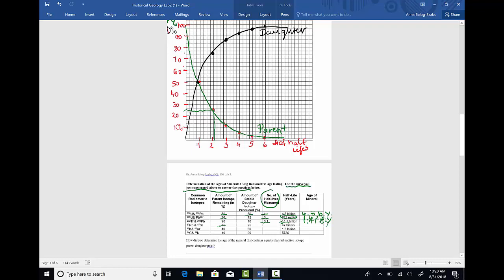The next one, I'm not going to do it anymore. At the next one, you have 75% on the parent. So you come to the 75 right here, you come to the green curve and it hits the first square. So that's 0.25.